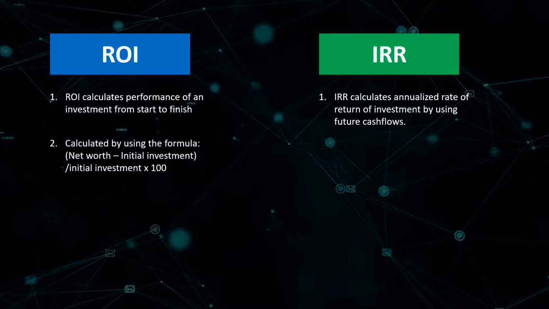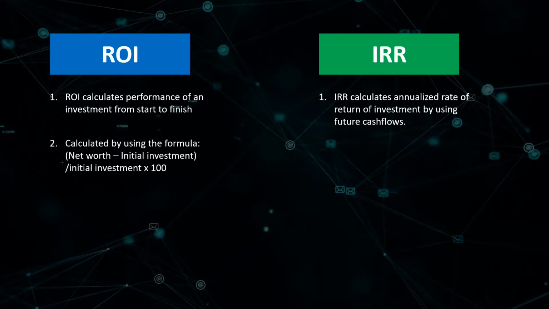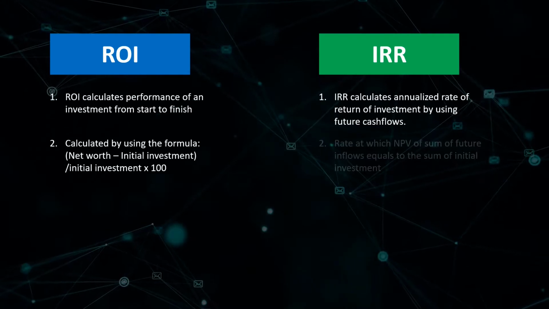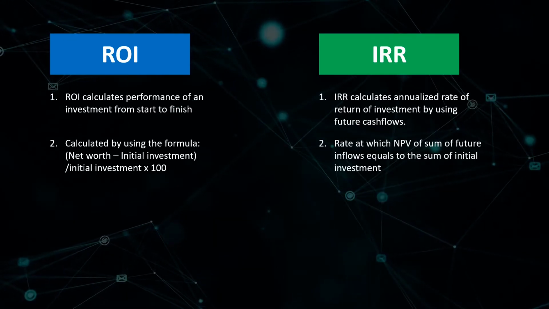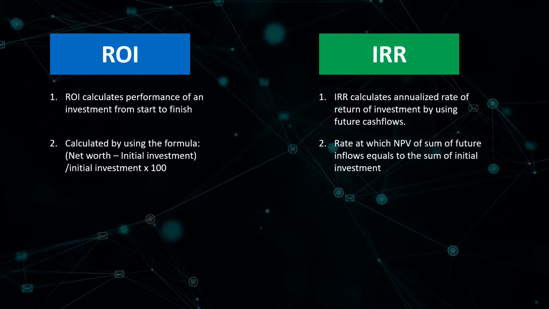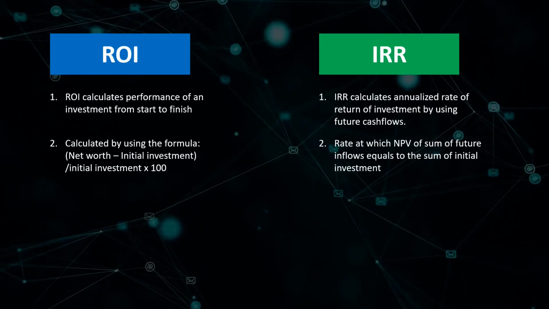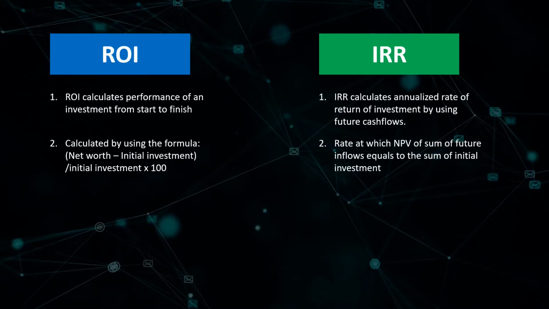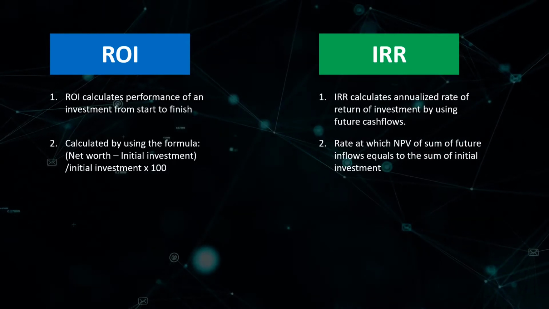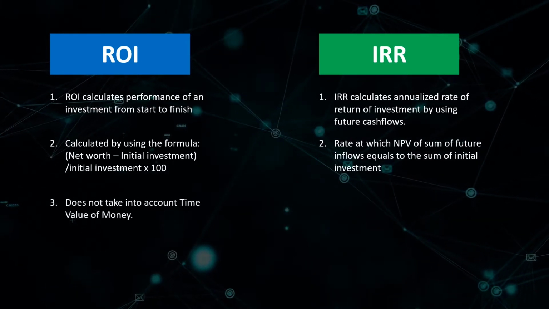IRR is the rate at which NPV of sum of future inflows equals the sum of initial investment. ROI is calculated by using the formula net worth minus initial investment divided by initial investment multiplied by 100.